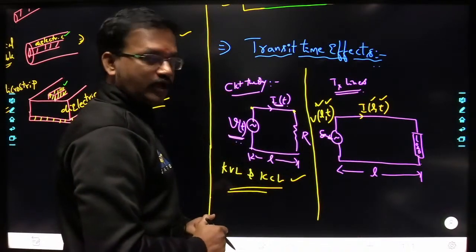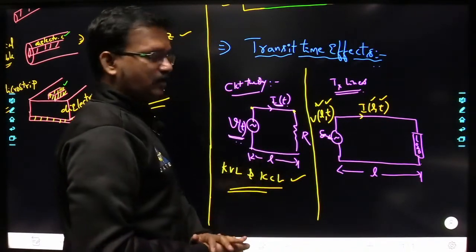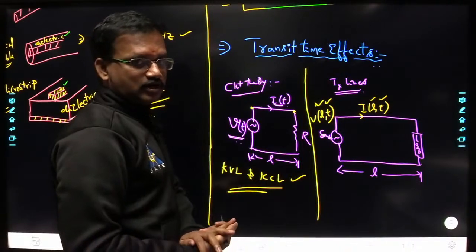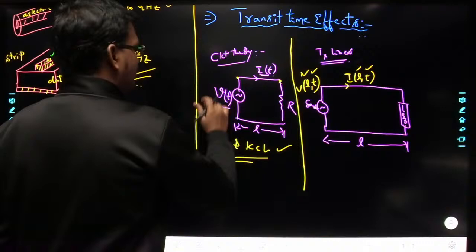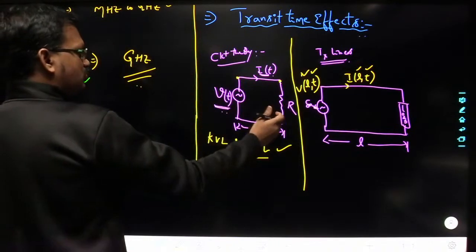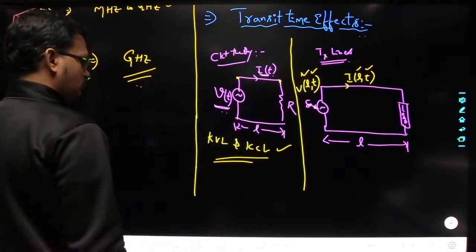Yes or no? That is what is called KVL. So at any instant of time, the voltage available at the source is equivalent to the voltage available at the load.